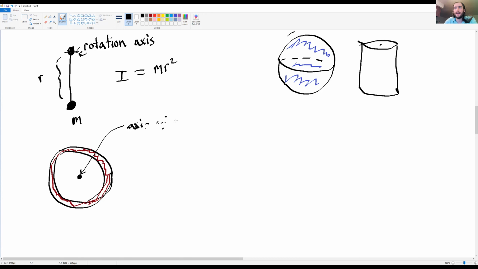You guys can read this, right? Axis of rotation.